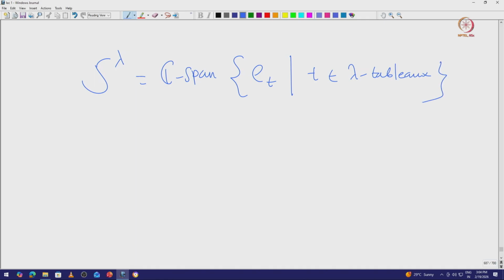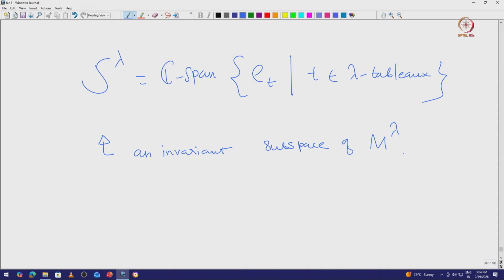then this is indeed an invariant subspace of M lambda. Now, note that since M lambda is a finite dimensional representation of the symmetric group, we have a normalized inner product on M lambda which is symmetric group invariant, and we will work with that particular inner product.